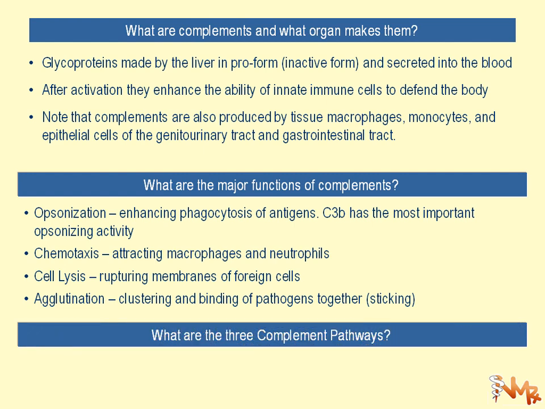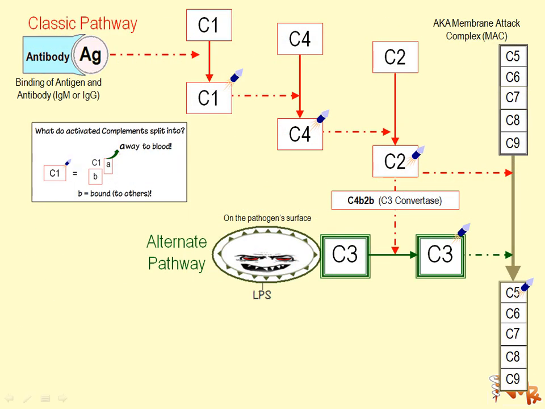What are the only three complement pathways? These are alternative, lectin, which is also known as mannose-binding lectin, and the classic complement pathways. Let's look at the general picture of the classic pathway.